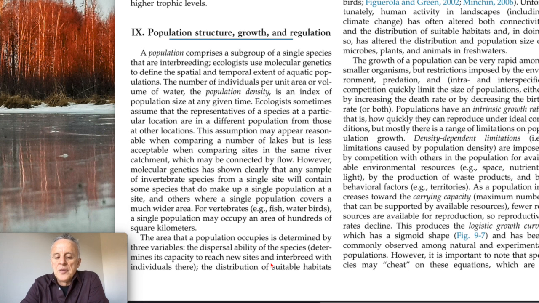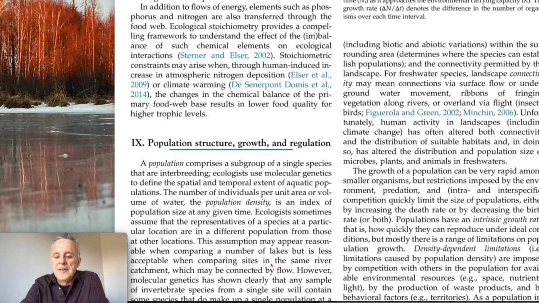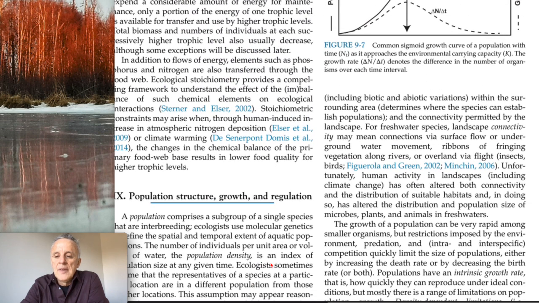The area that a population occupies is determined by 3 variables: the dispersal ability of the species, the distribution of suitable habitats within the surrounding area, and the connectivity permitted by the landscape.